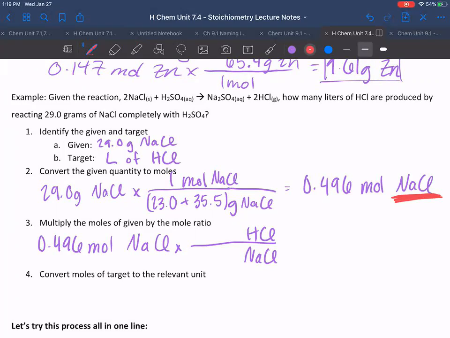You're simplifying, but I want you to use the actual coefficients. Yeah. So you have 2 moles sodium chloride for every 2 moles of HCl. Sorry, I used another boring one, but this does reduce to a 1-to-1 ratio. So we're just keeping that same 0.496 moles, but now we're talking about HCl.